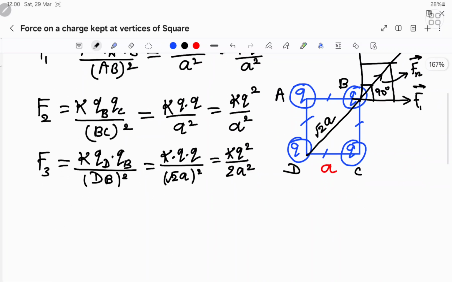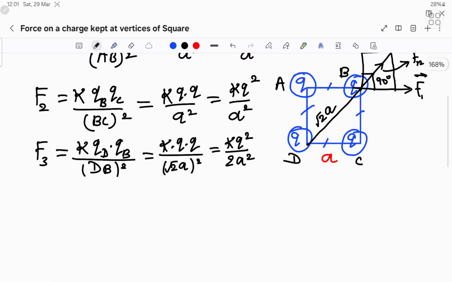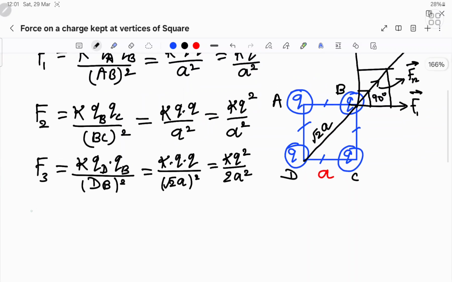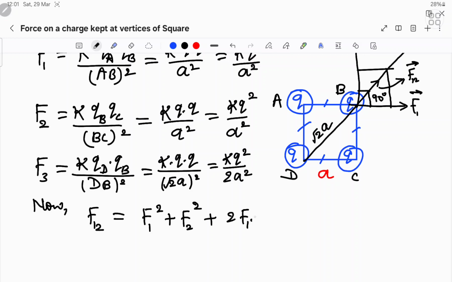Let's slide a little upward and see. F12 is equal to under root F1 square plus F2 square plus 2 F1 F2 cos 90 degree.